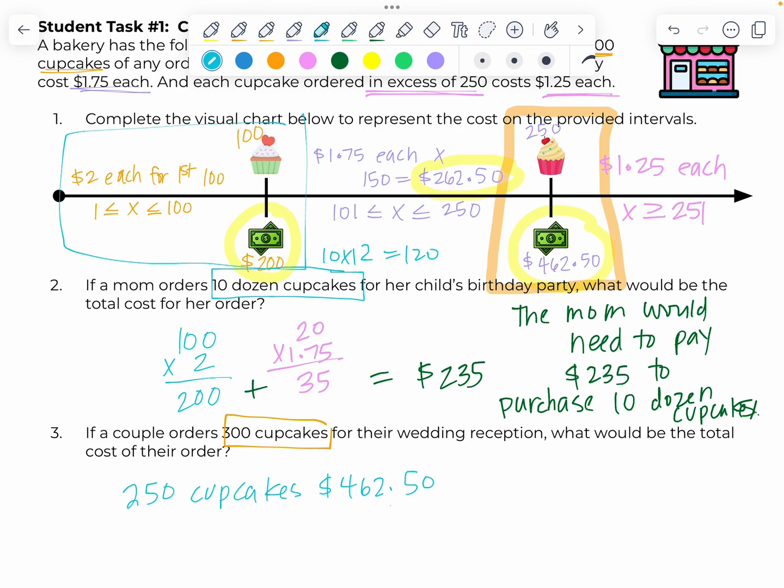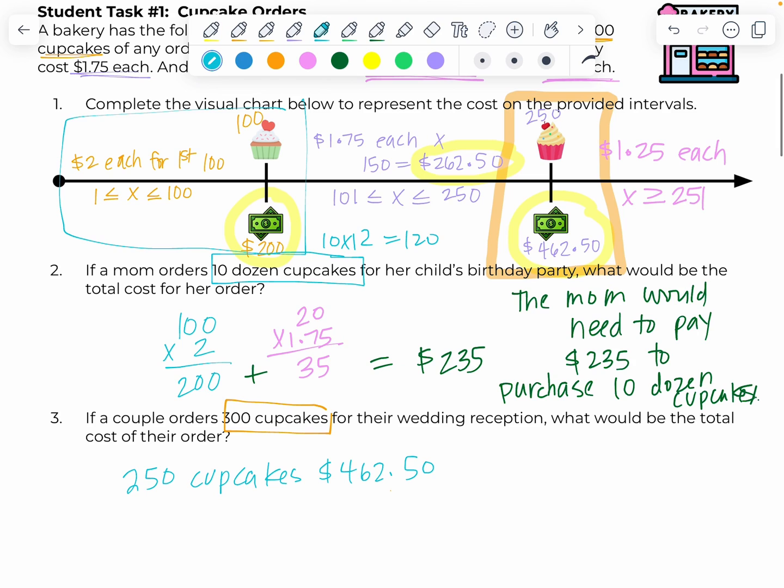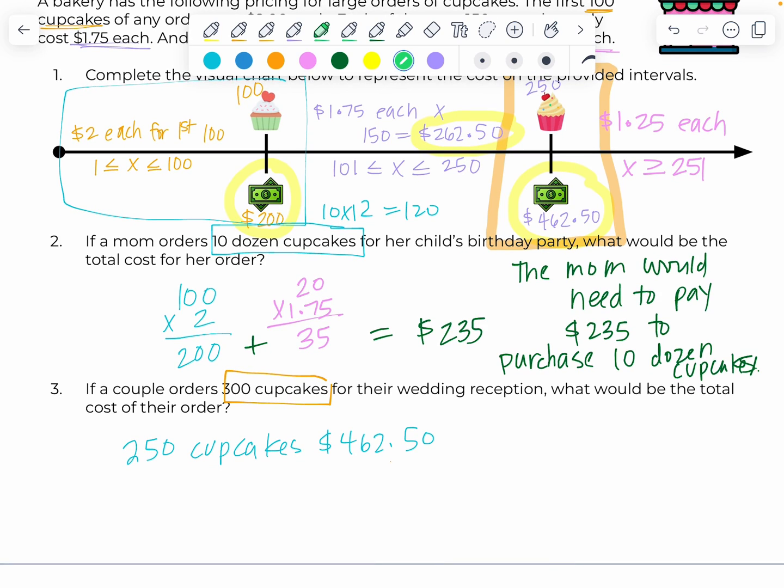And then in addition to that, she's going to need 50 more cupcakes at the price of $1.25 each. So 50 times $1.25 is going to give us an additional $62.50. And when we add these two totals together, we get an overall total of $525.